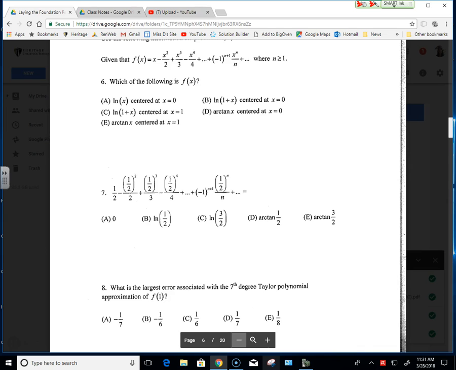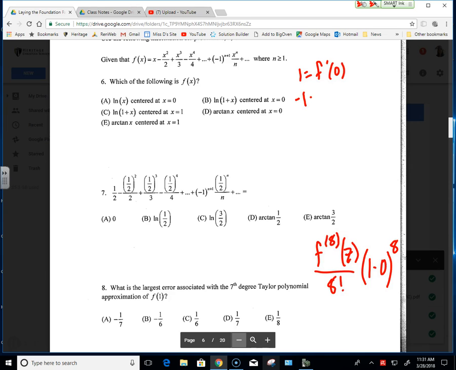So we could say the 8th derivative, centered around 1, approximation at 1. So looking at the derivatives, 1 is the first derivative, 1/2.